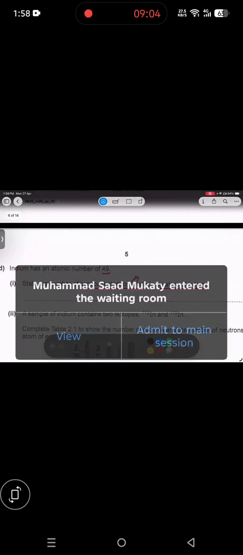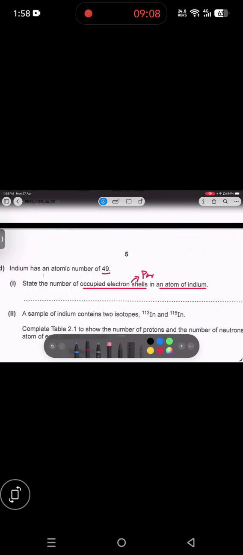We can check from the periodic table. From the periodic table, what will give us the idea? The period number. The period number of an element will give you the occupied electron shells.